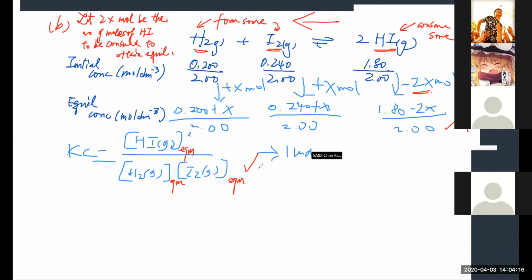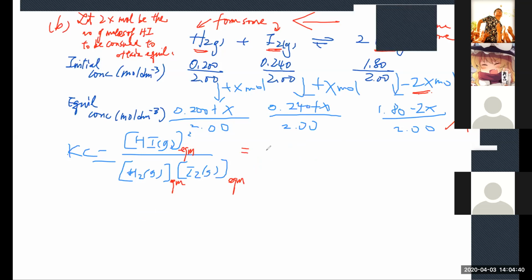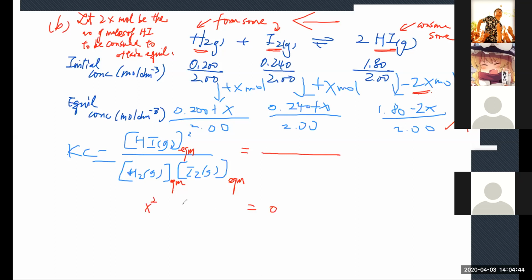Correct. Okay, 1 mark. And then, what's next? Continue writing those data inside that. So show me the quadratic equation in the next sentence. What x squared terms, what constant term equals 0.